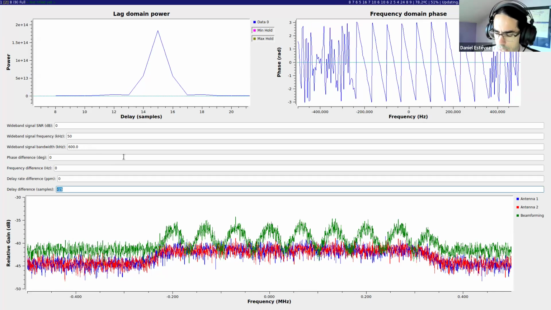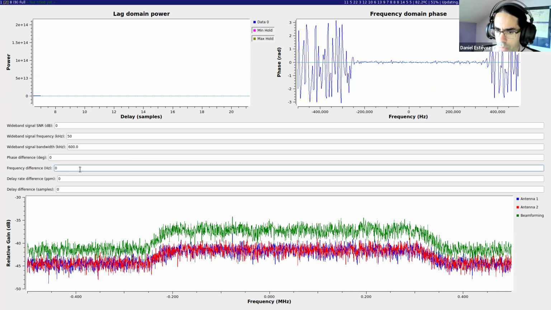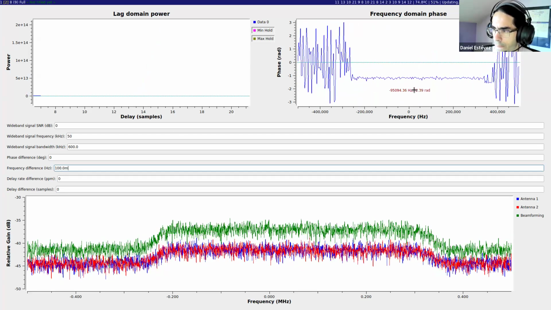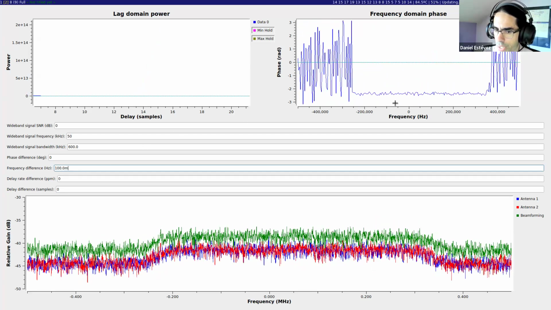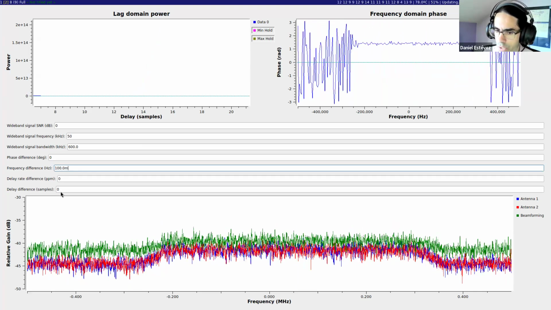And just for fun, what we can see is how a combination of all of these effects affects the correlator output. So here I have a frequency difference, and we can see the phase is moving over time.